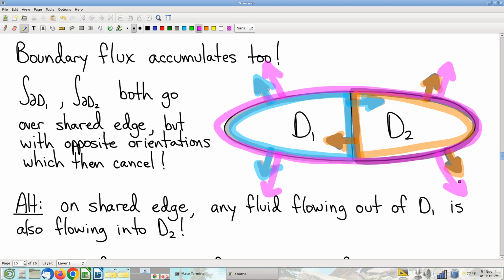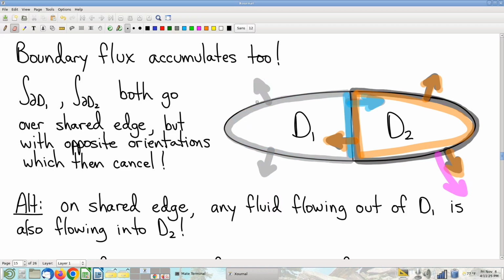And it's tempting to say no. There's a difference. The difference between blue plus orange and purple is these two pieces right here. These aren't part of the outward oriented boundary flux of the whole. I've got too much stuff left over, and at a glance it looks like it's not going to work out.